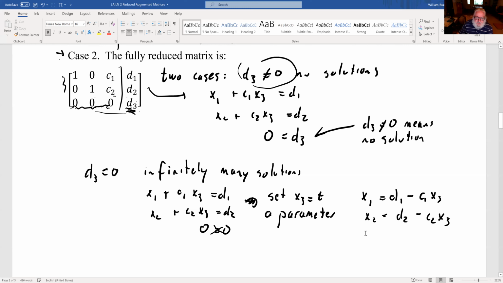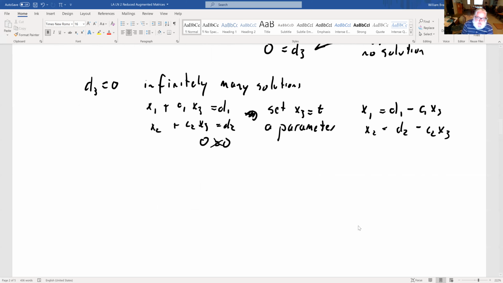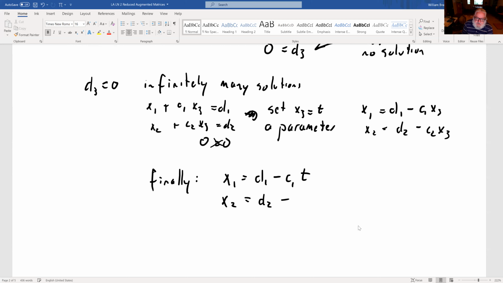So we solve those 2 equations for x1 and x2, and then finally x1 equals d1 minus c1 t, x2 equals d2 minus c2 t, and x3 equals t.